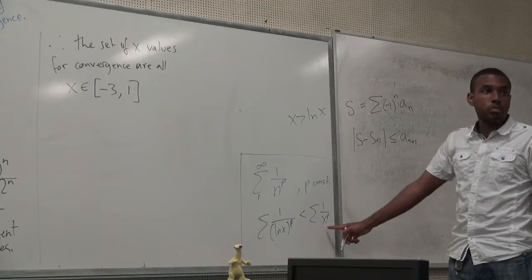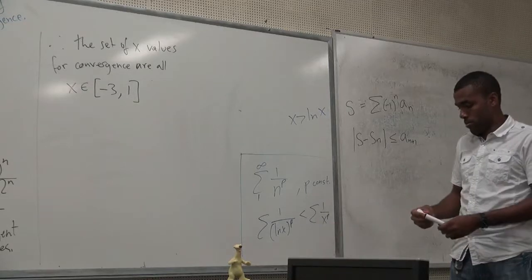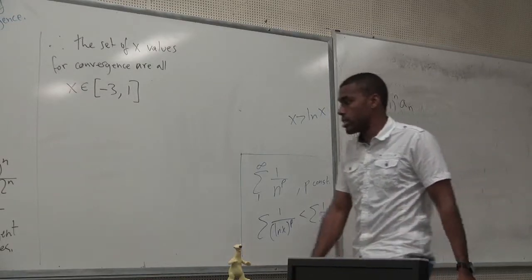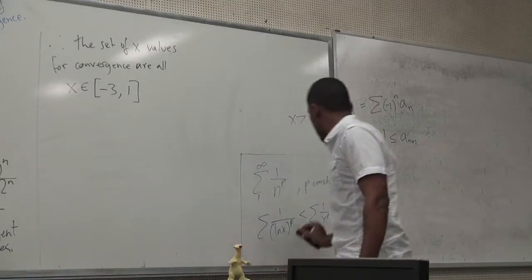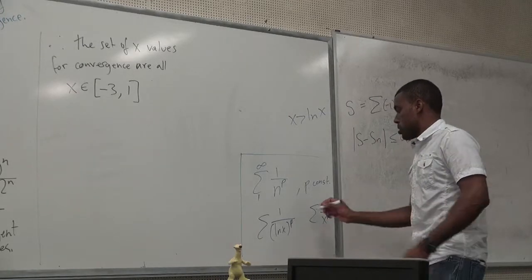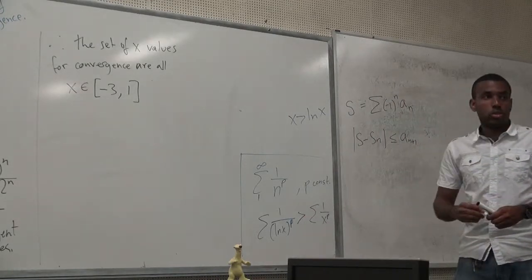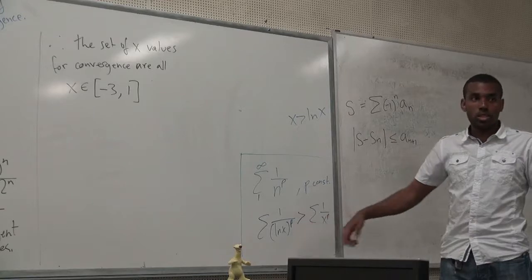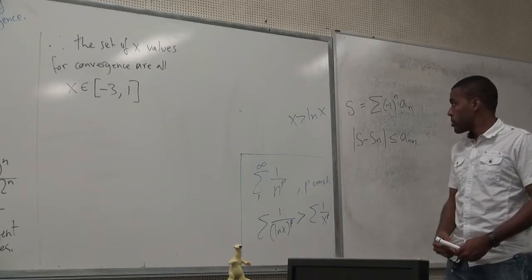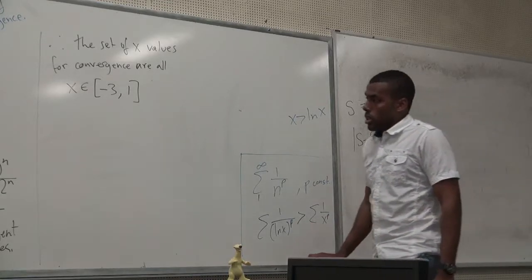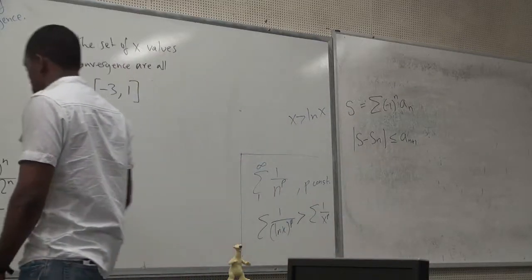So the denominator gets bigger, what happens to the fraction? It gets smaller. So this is actually the other one. That would be true. So this doesn't have to converge, even if the other one converges.